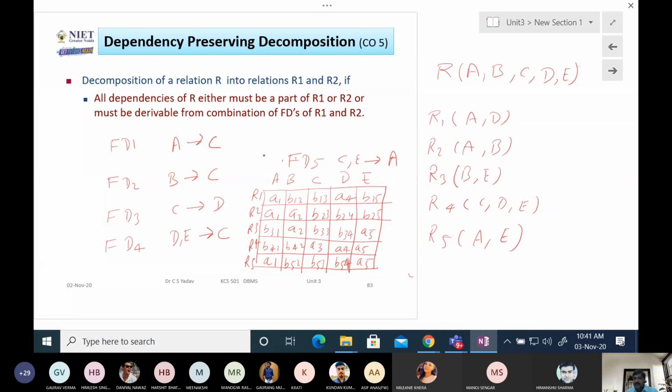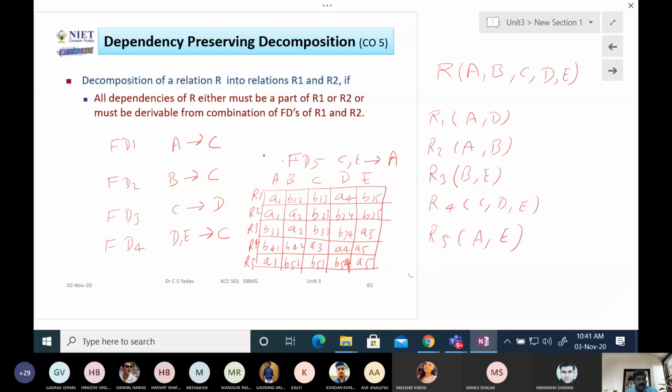If no changes, then we will stop the process, or if we get any row that contains all the A symbols, then we will stop the process, and this decomposition is lossless decomposition. And if we do not get any row which contains all the A's, then it is lossy decomposition. Did you get it?